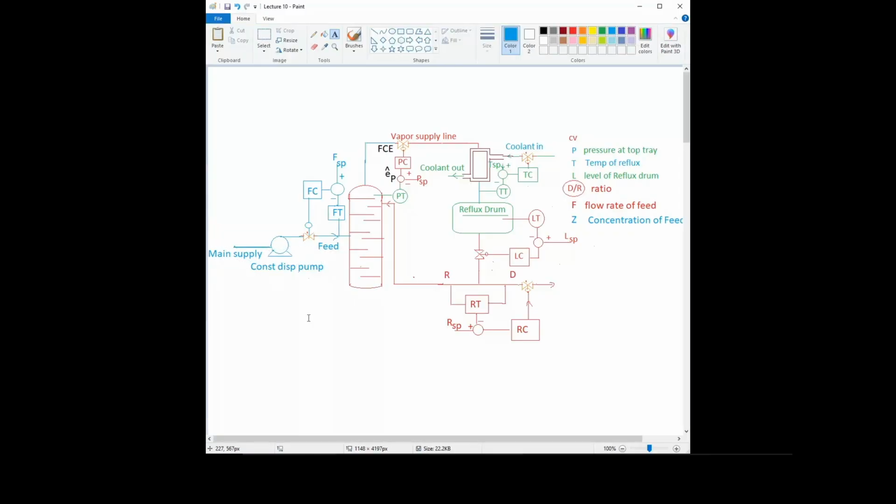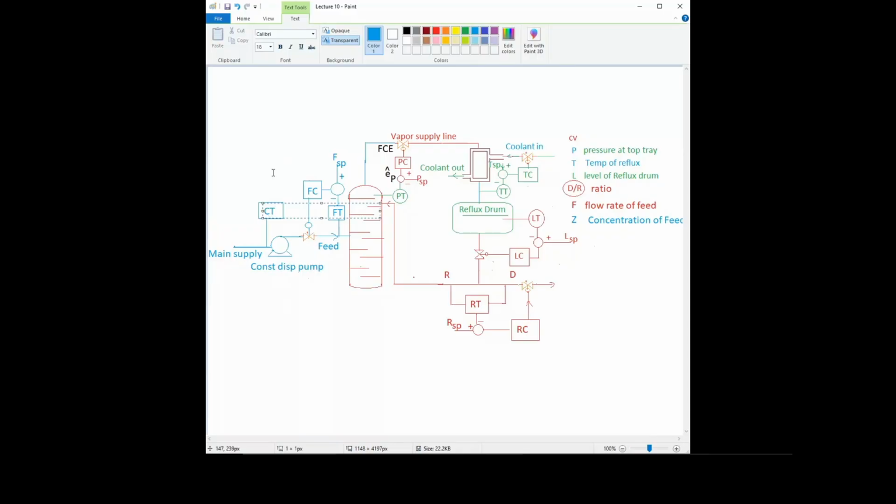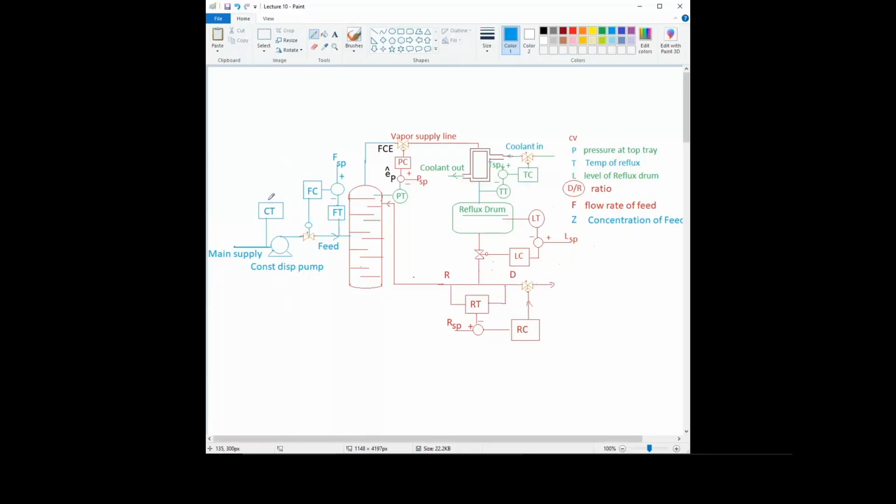So now we have to control the concentration. So definitely, obviously, we will first measure it. So we will measure it using a concentration transmitter or the composition analyzer. So this is our concentration transmitter or the composition transmitter, and then this will be compared with the reference value.